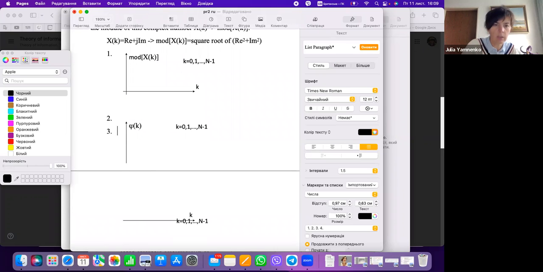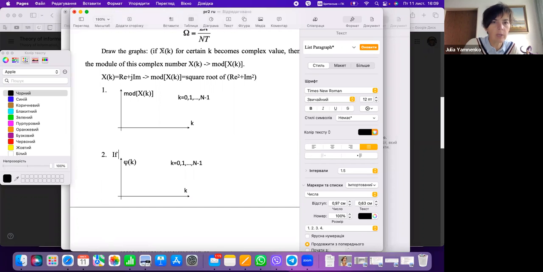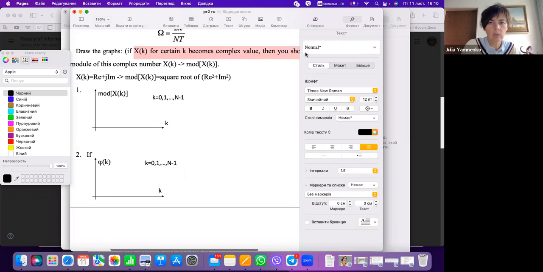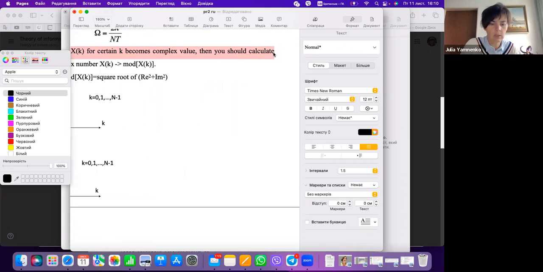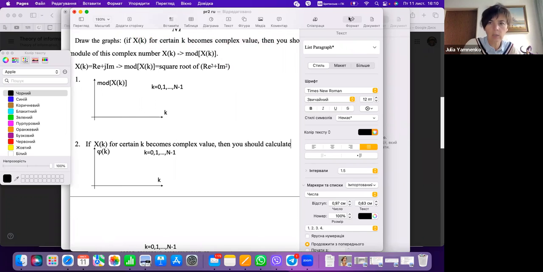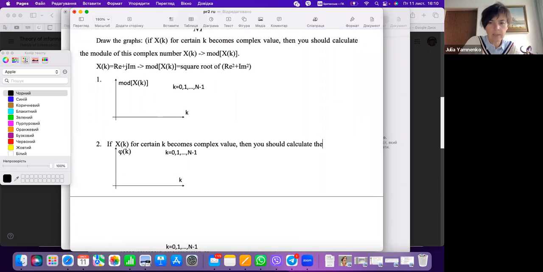Let's see, maybe here. If I repeat, if x from k for certain k becomes a complex value, then you should calculate the phase of this complex number x from k.